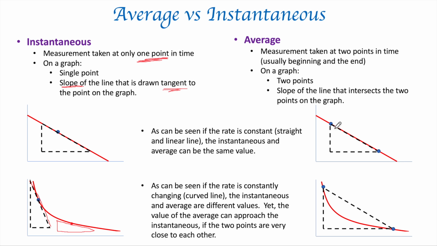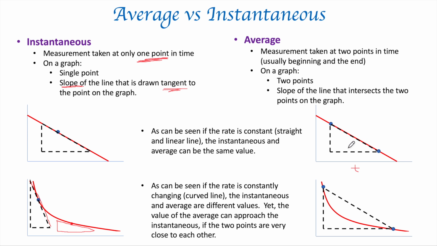So if I want to know what is my average speed from this point to this point here, let's say this is a unit of time down here. So at this time versus this time, all I have to do is draw a line that goes from this point to this point right here, and measure my rise versus my run. And that would be my average.